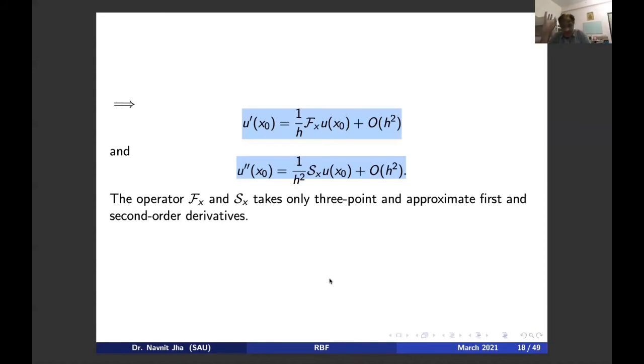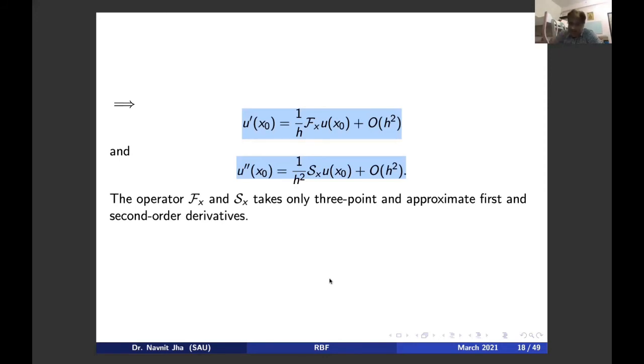Well, I am telling you, enhancing accuracy is one of the big challenges for all of us. So here, these two operators are basically giving you second order approximation to the first derivative and second derivative.